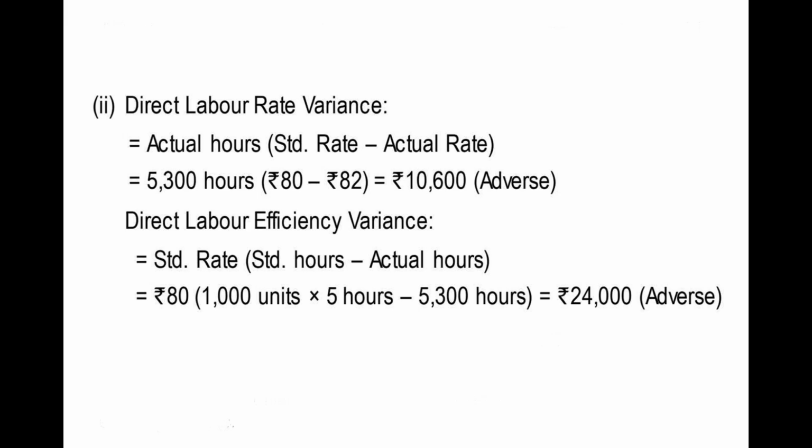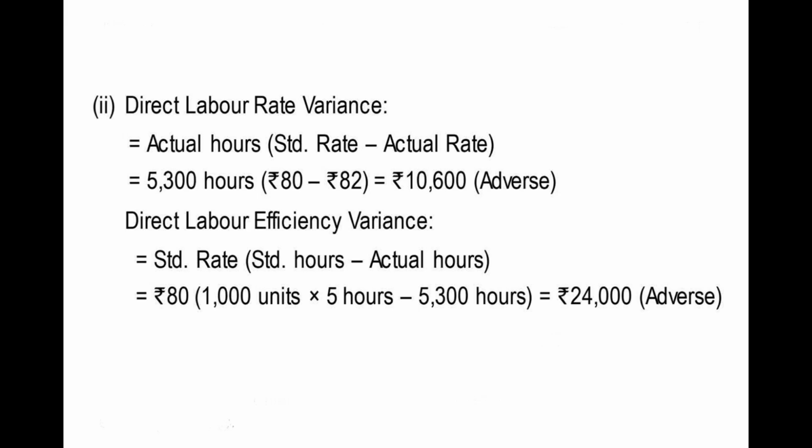So the difference between the standard rate and the actual rate should be multiplied with the actual hours, is the concept. Write the formula: labor rate variance, or LRV, is equal to actual hours into open the bracket standard rate minus actual rate and close the bracket.